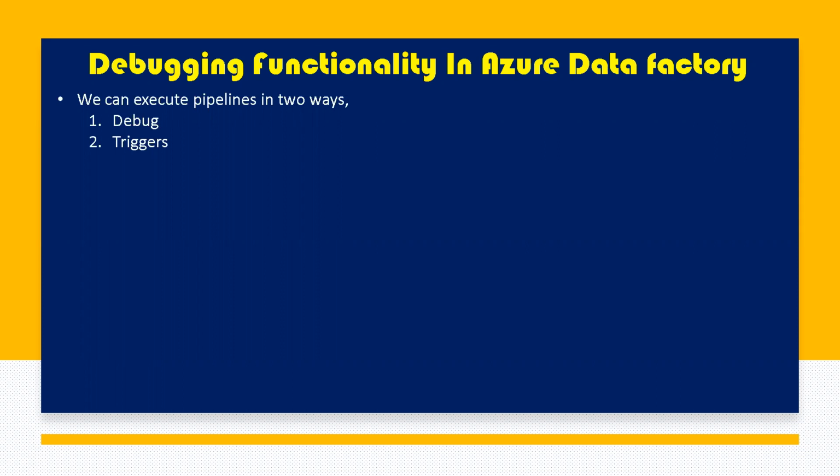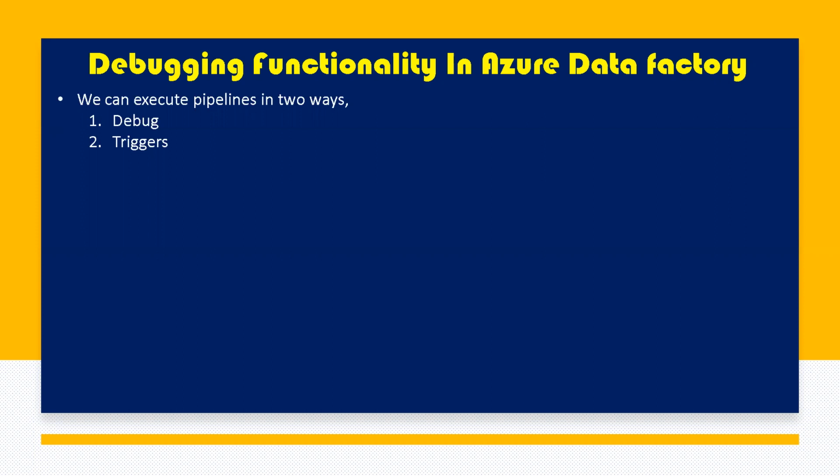Debugging has two features available: running without saving, and partial run also you can do. The details of the partial run we will see in the hands-on. And with trigger, a full run and scheduling are also possible.